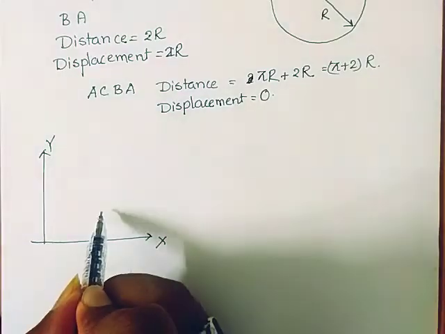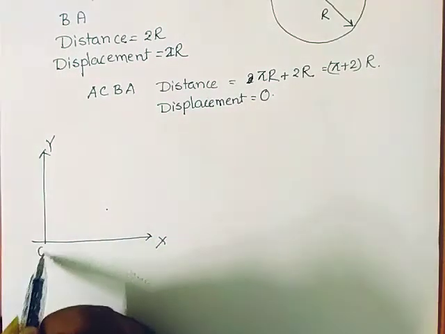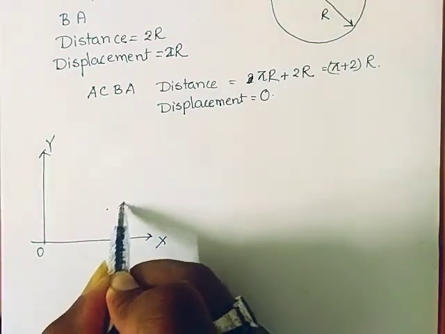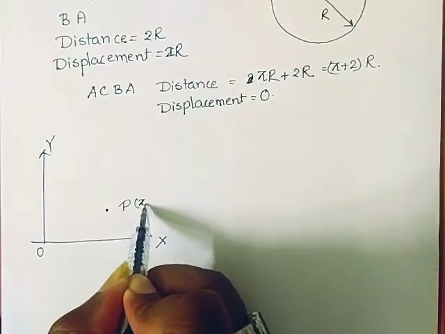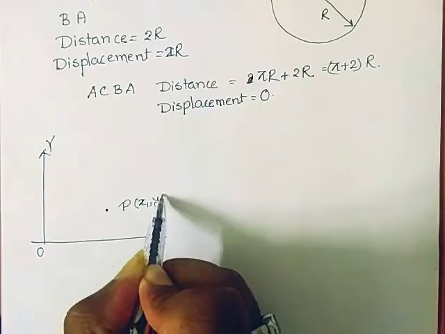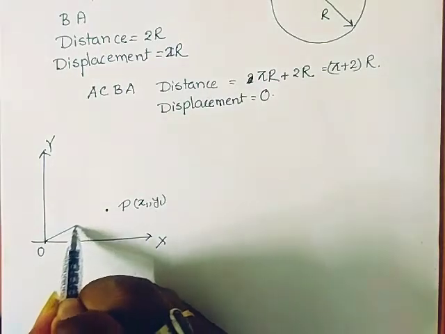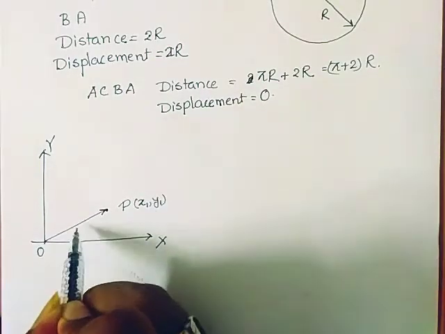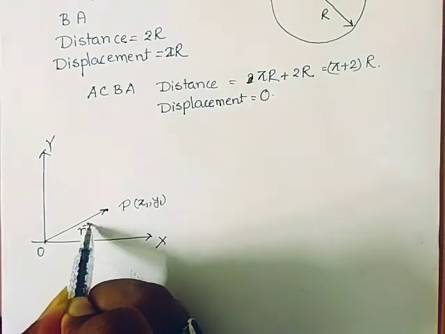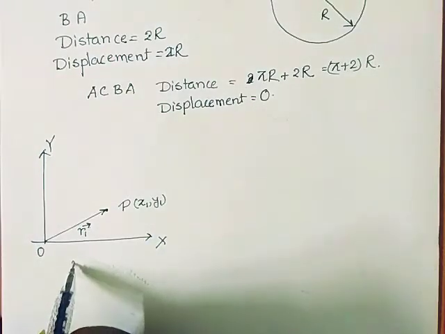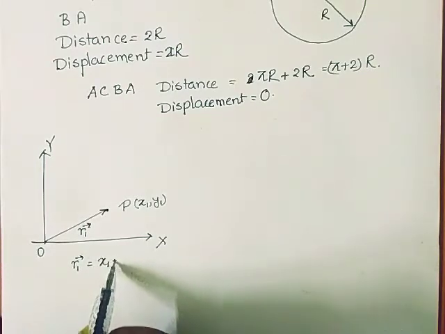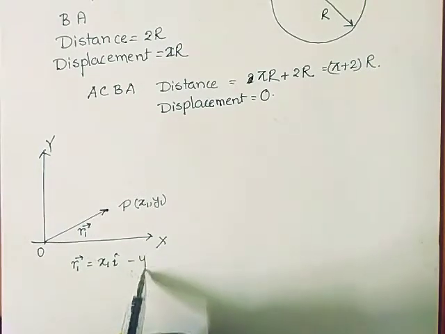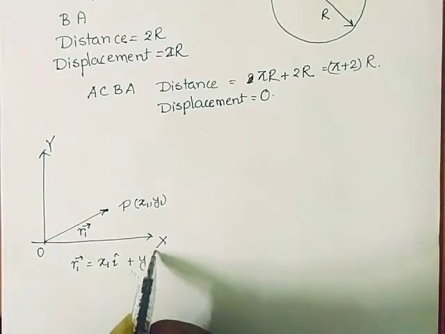In this xy coordinate system, this is the origin, and a particle is at the point P, with coordinates x1, y1. So this is the position vector r1, which can be written as x1 i cap plus y1 j cap.